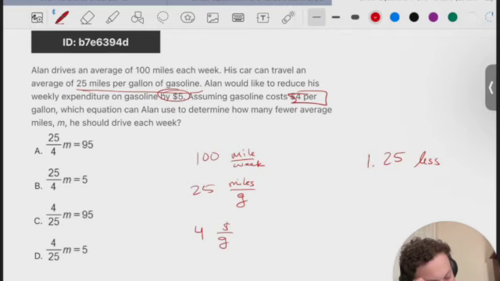Let's see. $4 per gallon divided by 25 miles per gallon.